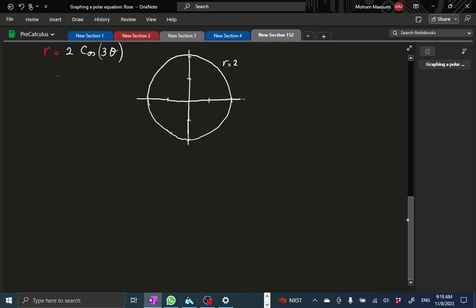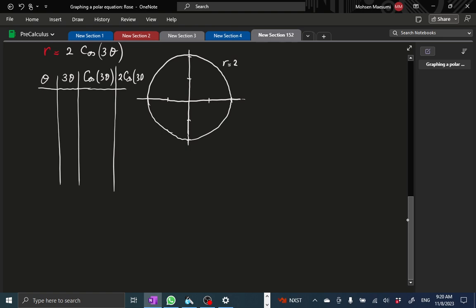And then what? Well, then we make a table, and this depends on how patient you are with making your table. So theta, I want to make 3 theta first, and then I want to figure out what is cosine of this, and then step by step I find out what is twice this cosine of 3 theta.